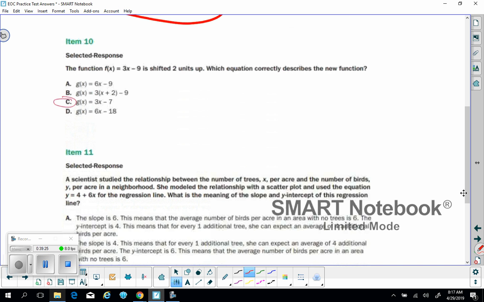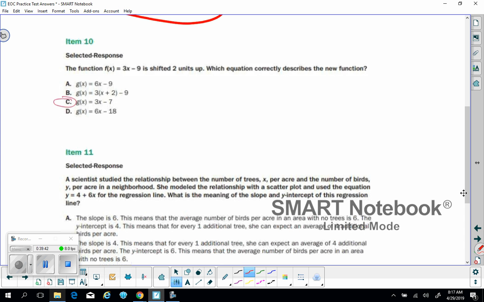Okay, number 10. This function is shifted 2 units up. Which function correctly represents the new function? If I were to shift up an equation, what would I do? If it's going up.